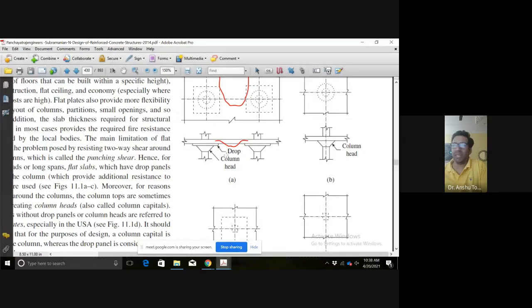So these are basically the two main reasons. Other reasons come into the design process. As we see, they will be highlighted to you when we study the design procedures, that what is the difference between a regular traditional RCC frame system and flat slab design.